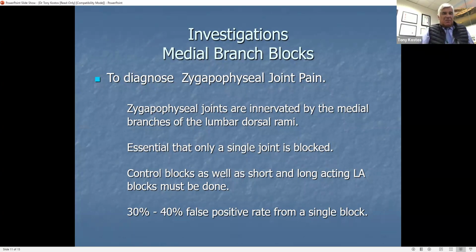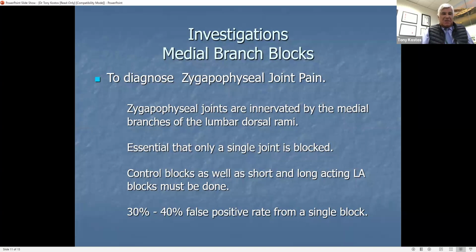So what was then thought of was medial branch blocks, because each facet joint is supplied by a superior medial branch and an inferior medial branch, and these nerves do not supply any other structure. So by blocking the two nerves and relieving the pain, you would think that is pretty good evidence that that joint is the cause of pain.